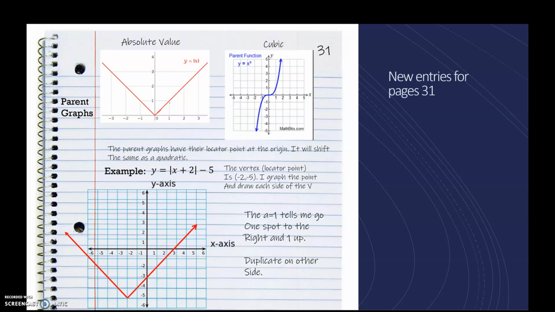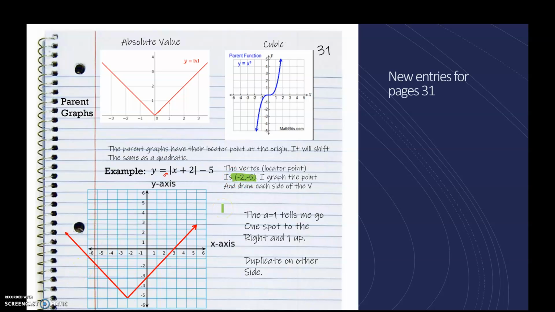So as an example, to show you how this works, I've given you the absolute value of x plus 2, minus 5, with the x plus 2 in the absolute value symbols. So it tells you it's an absolute value. The number in front is positive, so it's going to open up. And so my vertex is this point, negative 2, negative 5. Right there.